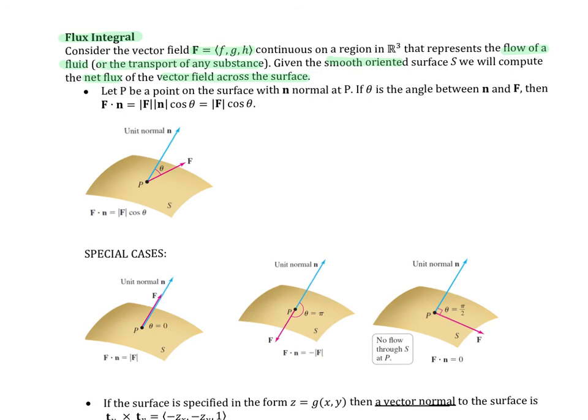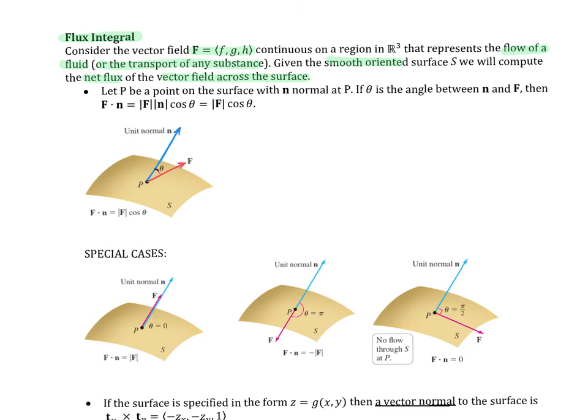So let's look at what we have here, and this is review. Let's say that we have some point on the surface, and then at that point we have a normal vector. So this first diagram is showing what we mean. We have this point, we have some normal vector, that's our blue vector coming out of the surface, and then we have a vector from our vector field at that point.